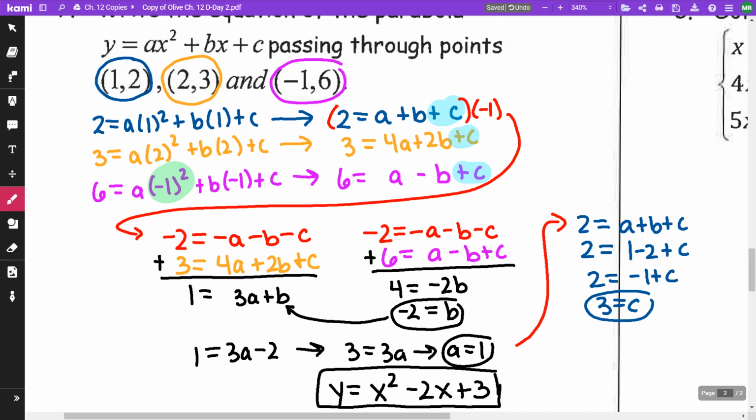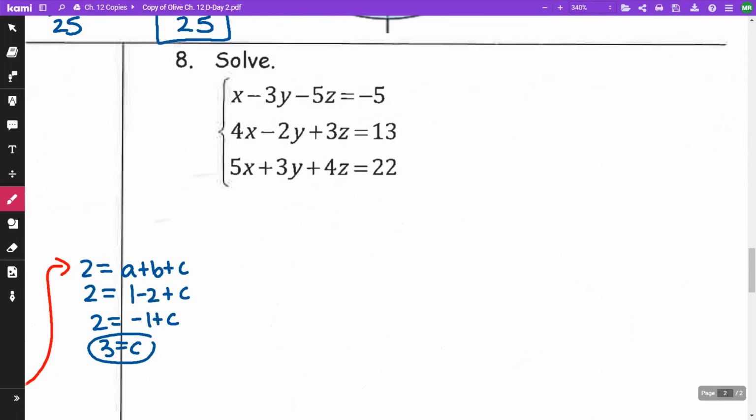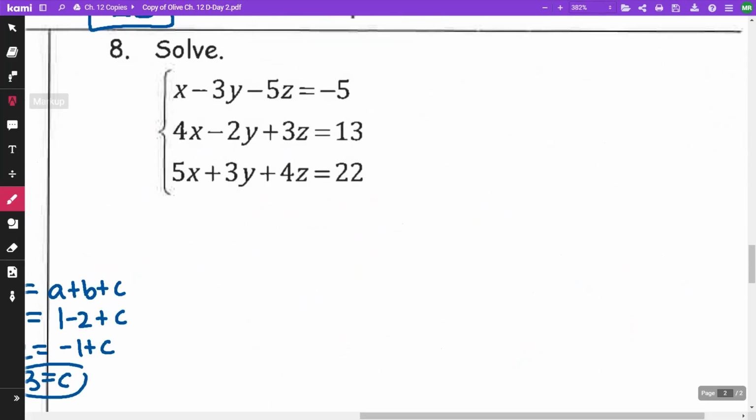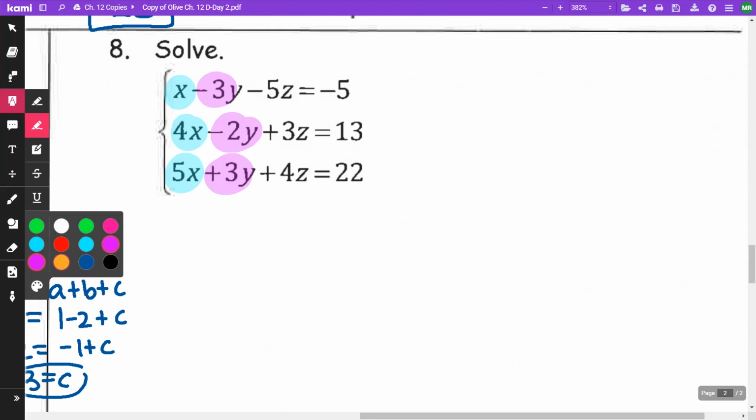Now on the next problem, what we want to do is eliminate one variable out of these and end up getting 2 equations with 2 variables. So if I'm looking at my x's, or my y's, or my z's, I want to figure out which one's the easiest.